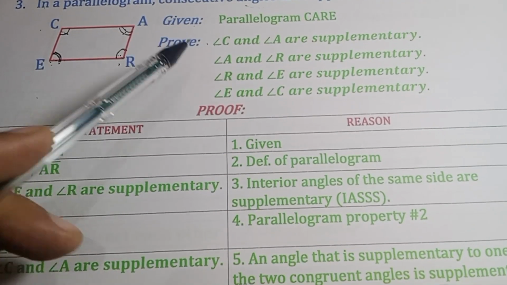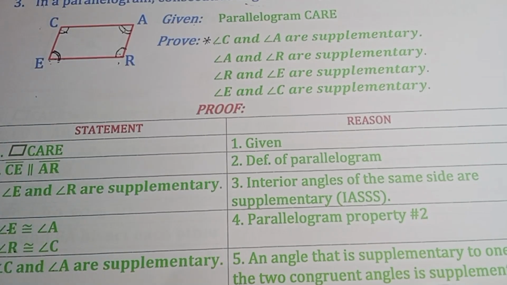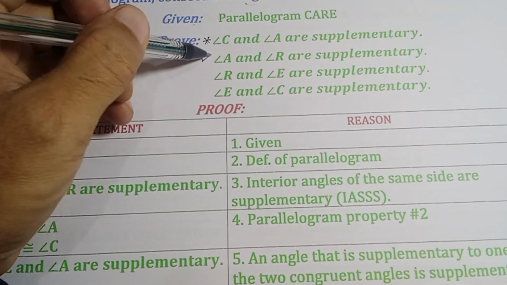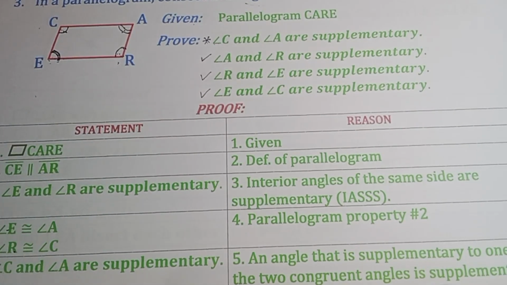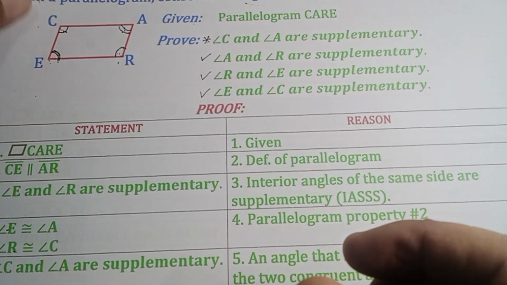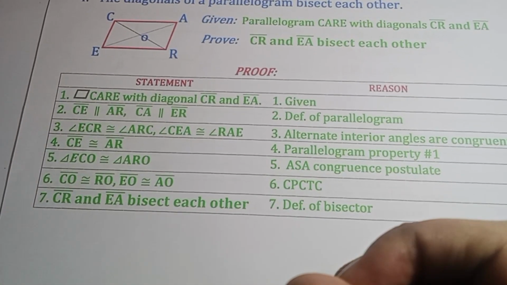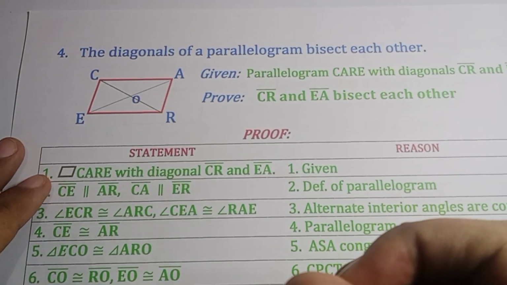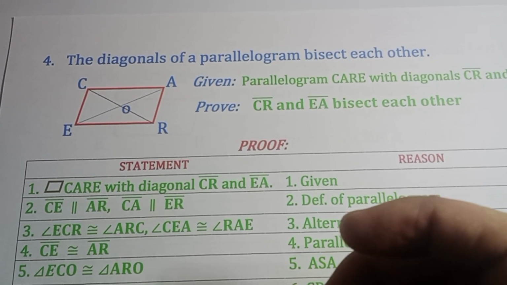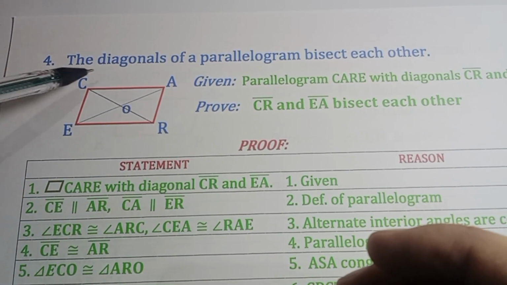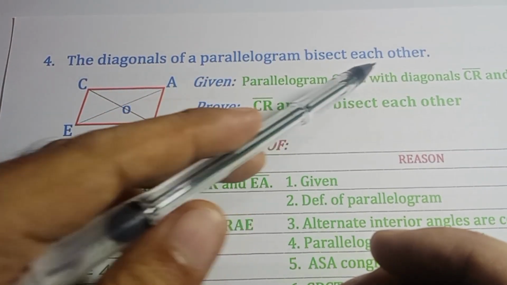Okay, we are done with this, and I think you can do this, this one, this one. Let's proceed to property number 4. The fourth property of parallelogram says that the diagonals of a parallelogram bisect each other.